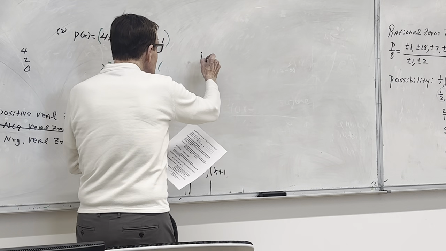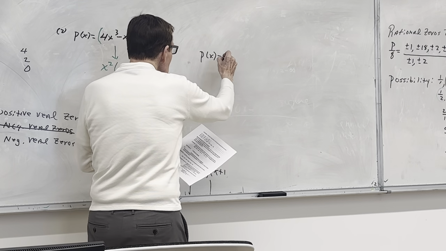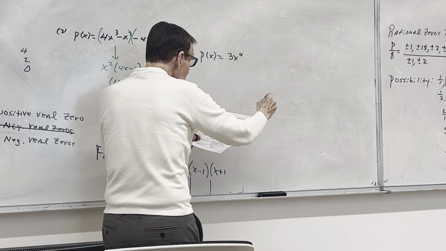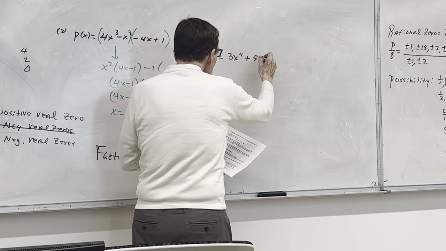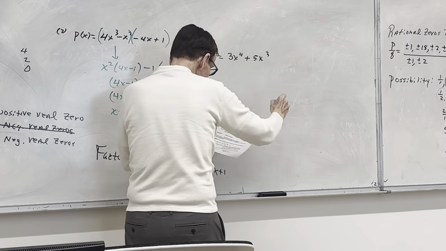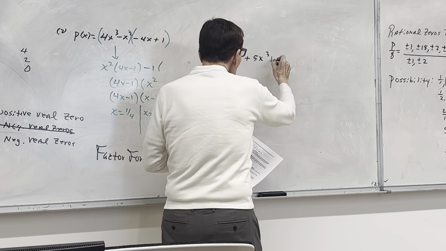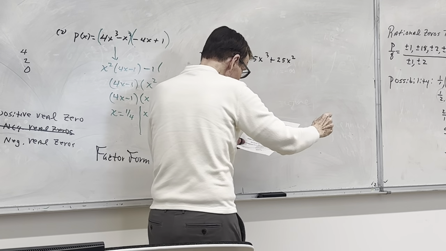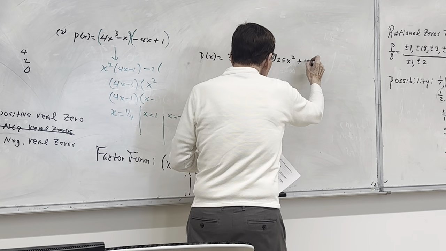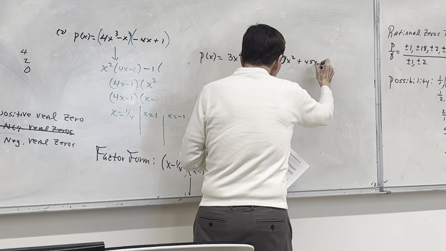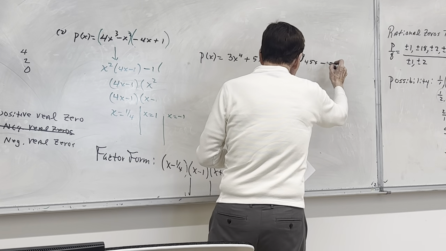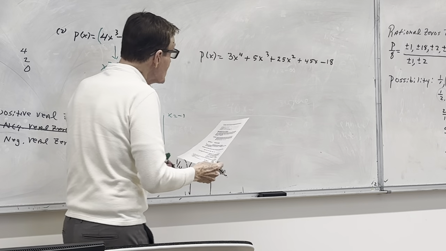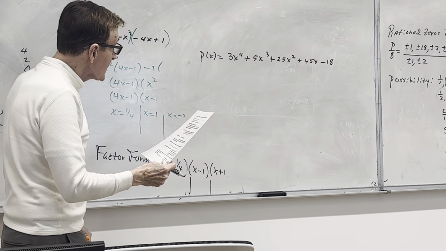P of x is equal to this. 3x to the fourth plus 5x cubed plus 25x squared. And notice everything is given to me here. 45x subtract 18. Make sure I have all that copied out correctly. There we go.